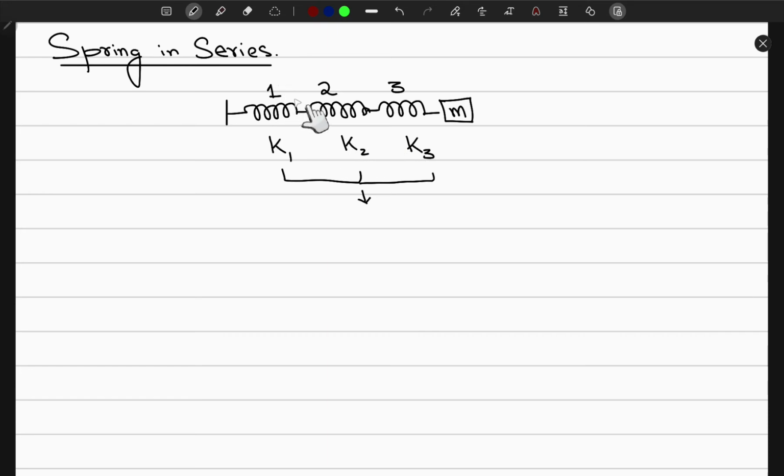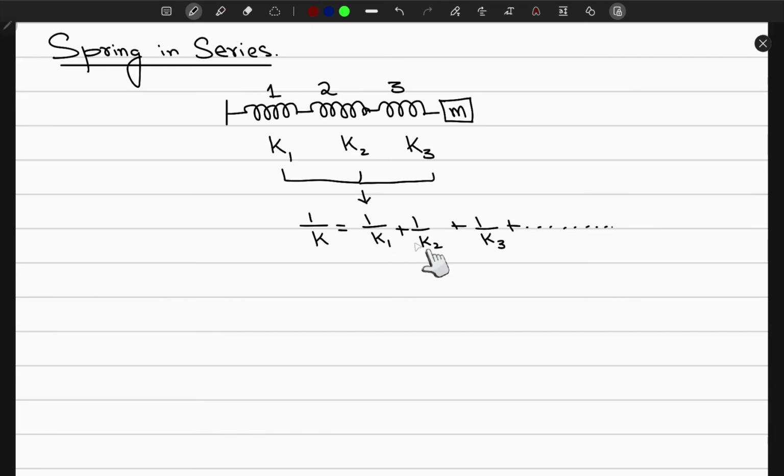The combined effect of all of these springs together would not be a direct sum of these k's. In series, the spring constants are added as follows: 1 over k is equal to 1 over k1 plus 1 over k2 plus 1 over k3, and so on, however many springs you have. This is an inverse addition of the spring constants.